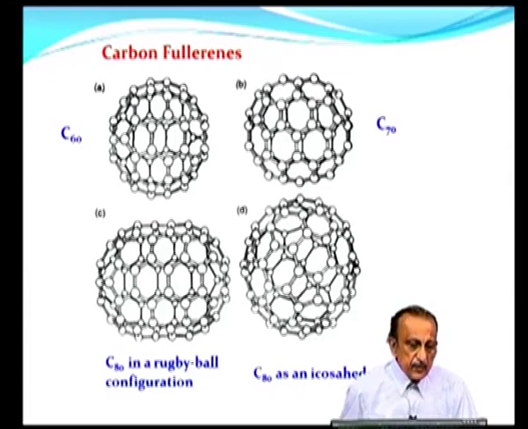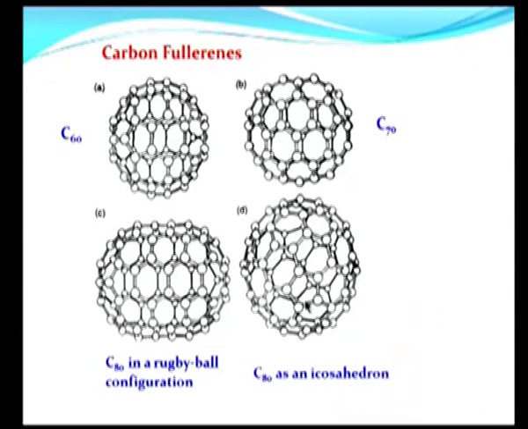Fullerenes first, C60, C70 and polymorphs of C80, one in a so called rugby ball configuration, the other one in an icosahedron configuration.